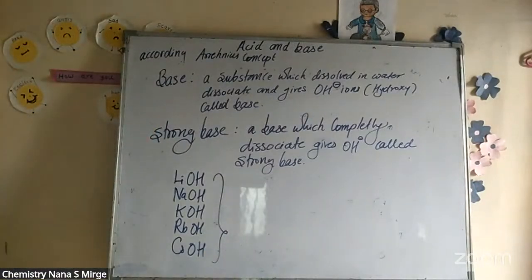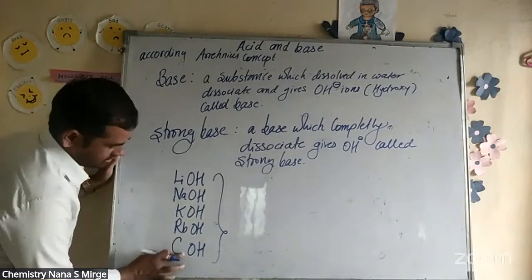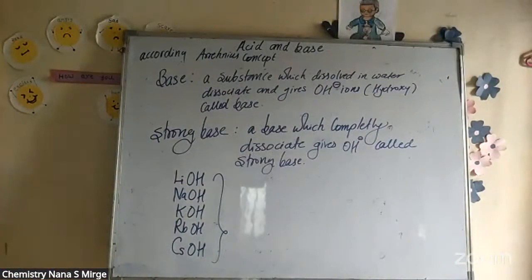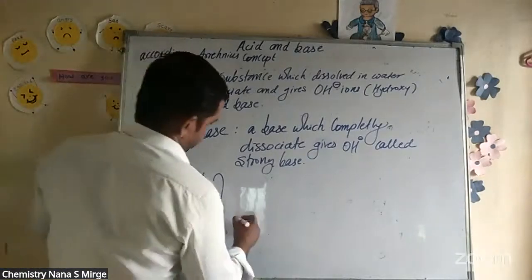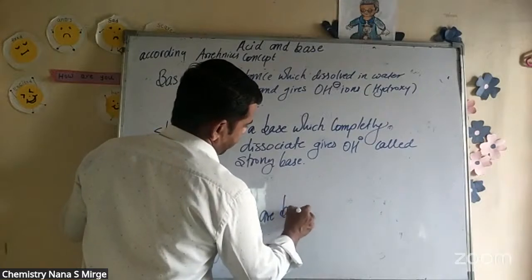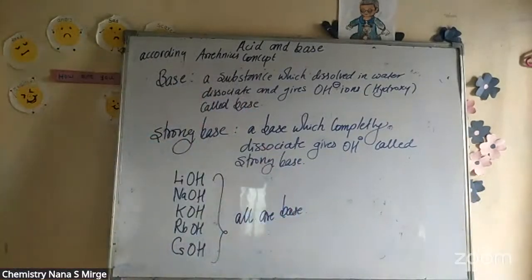Look at the series. All are bases, each producing OH negative ion. No doubt, all are bases. सब base है, लेकिन which one is the strong one relative to each other?